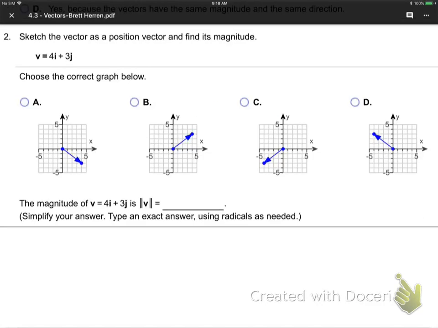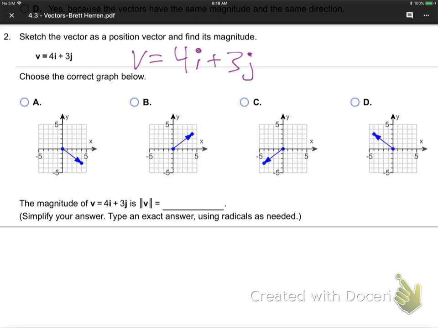Vector V. So here comes the lingo I wanted to show you. 4I plus 3J. Now, what's the IJ thing?